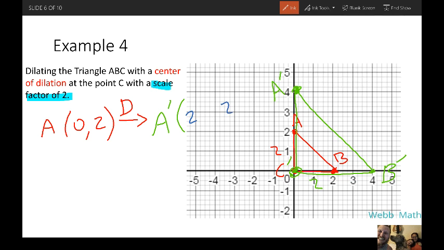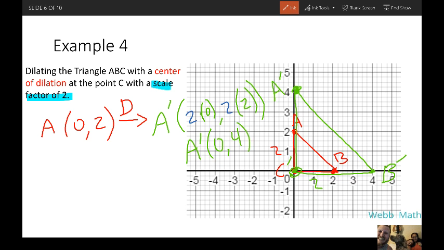You're just multiplying 2 times 0 comma 2 times 2. And that's actually how you get, algebraically, your new point, which is at 0 comma 4.